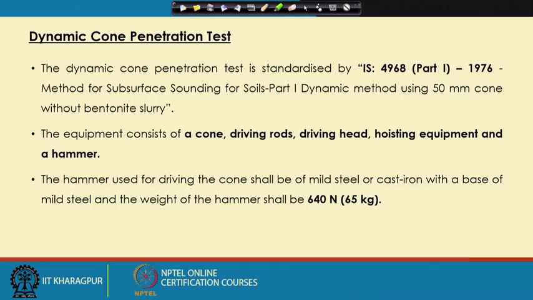Next one is the dynamic cone penetration test. As I mentioned, this is IS 4968 part 1, 1976, where we apply hammer blows. The equipment consists of a cone, driving rod, driving head, hoist equipment, and the hammer to drive the cone into the soil.